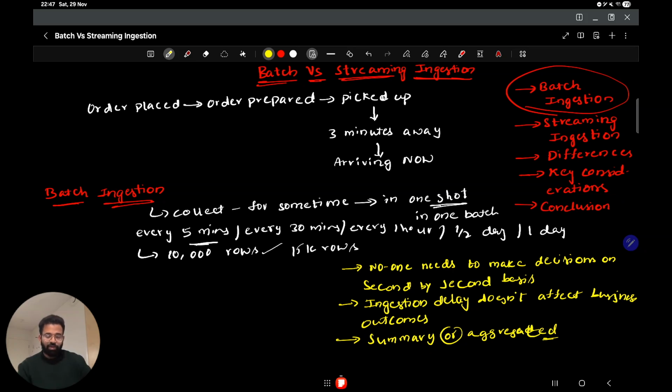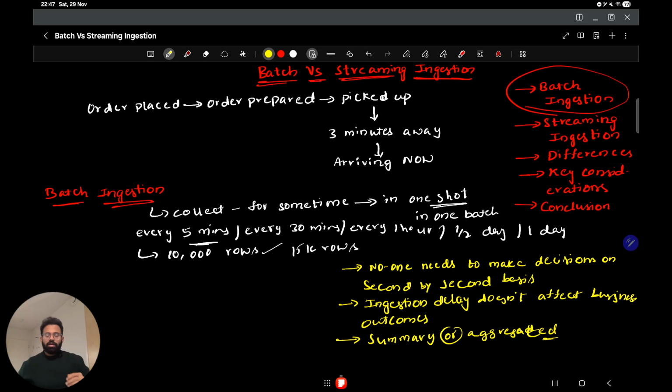For many years, for decades actually, batch ingestion was the default approach in any of the data teams, mostly because the infrastructure for real-time streaming was not mature at all back then.